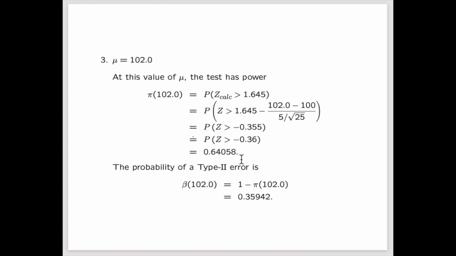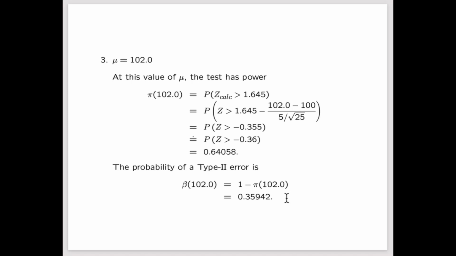The probability of a type 2 error when mu is equal to 102 is given by the operating characteristic function evaluated at 102. All right, and because of the relationship between the power function and the operating characteristic function, we can obtain this very easily by subtracting the power from 1.